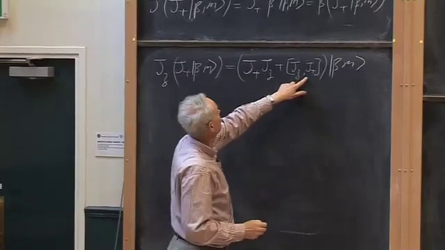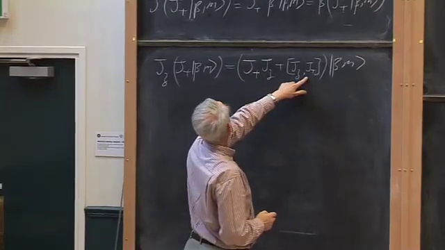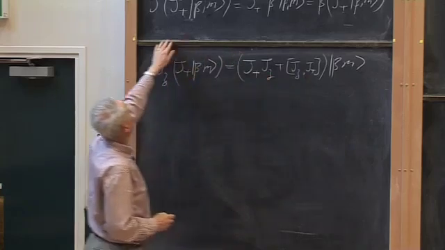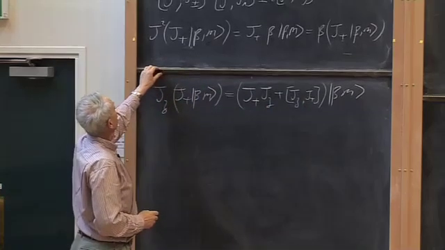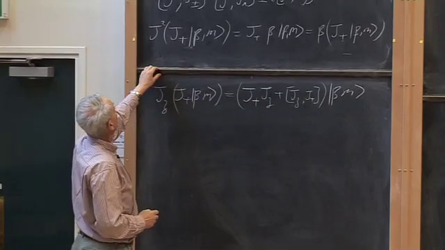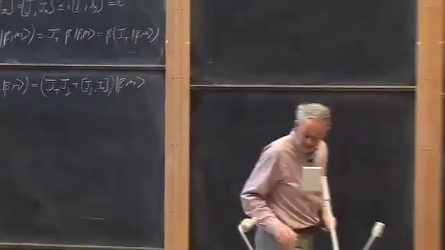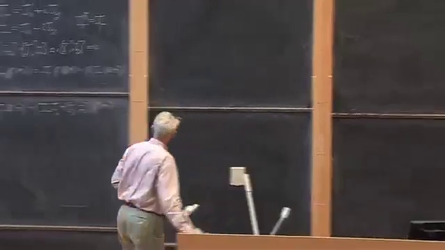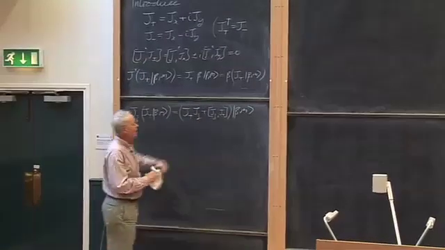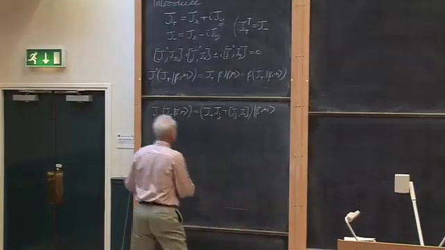Now this, we found what this thing was. We found that, oops, sorry, we didn't. I'm getting ahead of myself. Apologies. Okay. Well, we're going to find out what this is. That's the next thing we have to do.